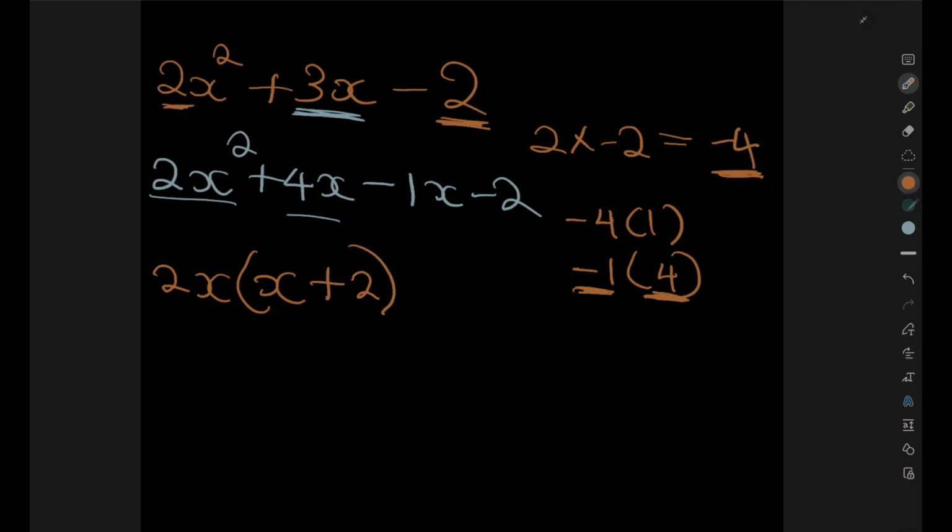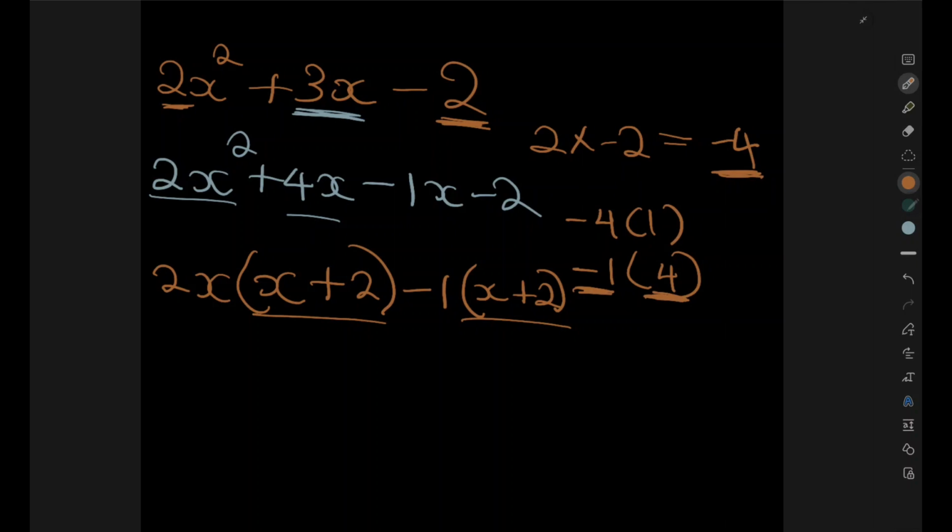And then what about the last 2 terms, which is minus x minus 2? They do have a common factor, which is minus 1, and if we take out minus 1 from both, we have x plus 2 remaining, right? So now you see 2x multiplied by this bracket and minus 1 multiplied by this bracket.